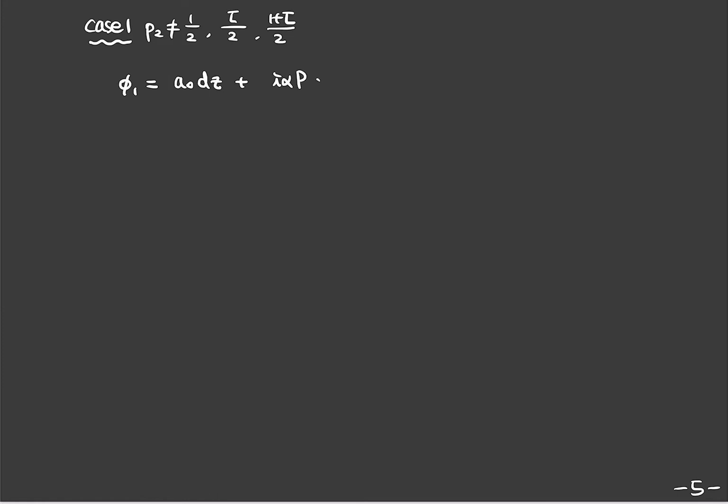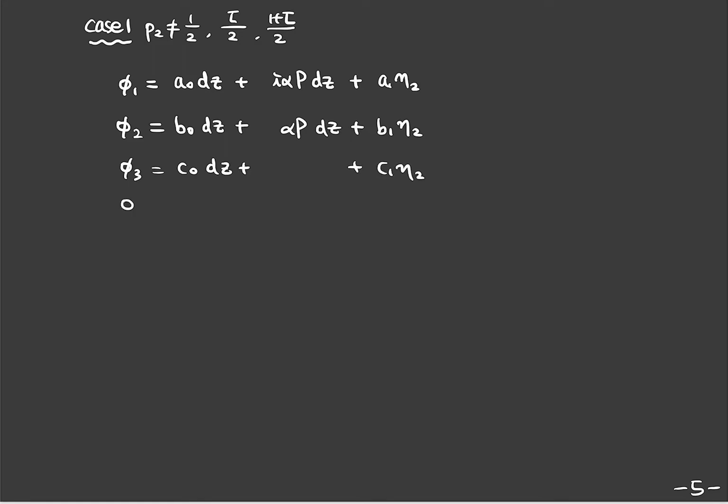So phi 1 is dz plus a1 eta 1, and phi 2 is d1 eta 2, and we have these conditions.